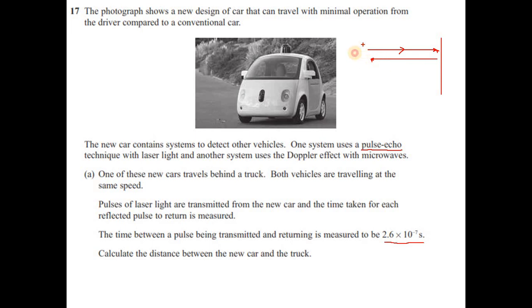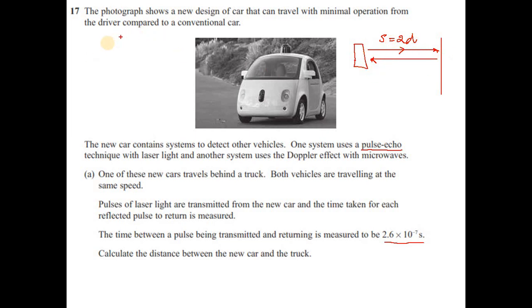So the transducer, sender, and the receiver are here. So clearly you can see that the distance traveled by the light or signal, S, is 2D, twice the distance. So the total distance is double.